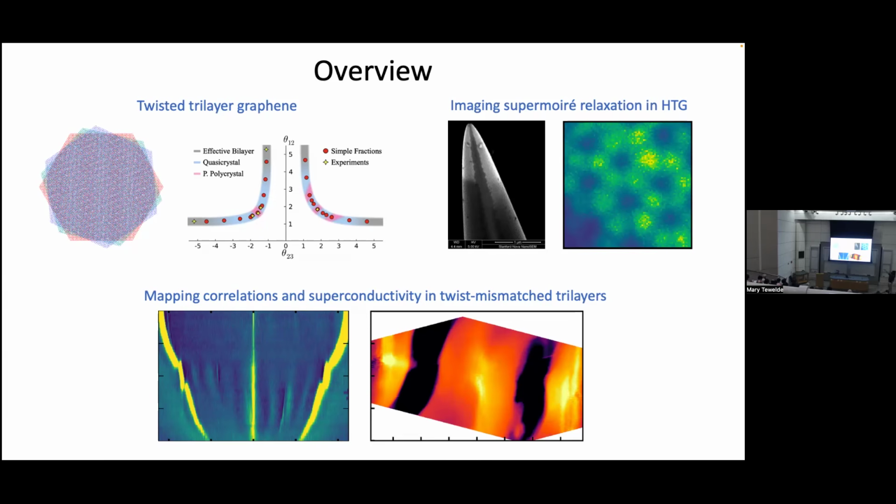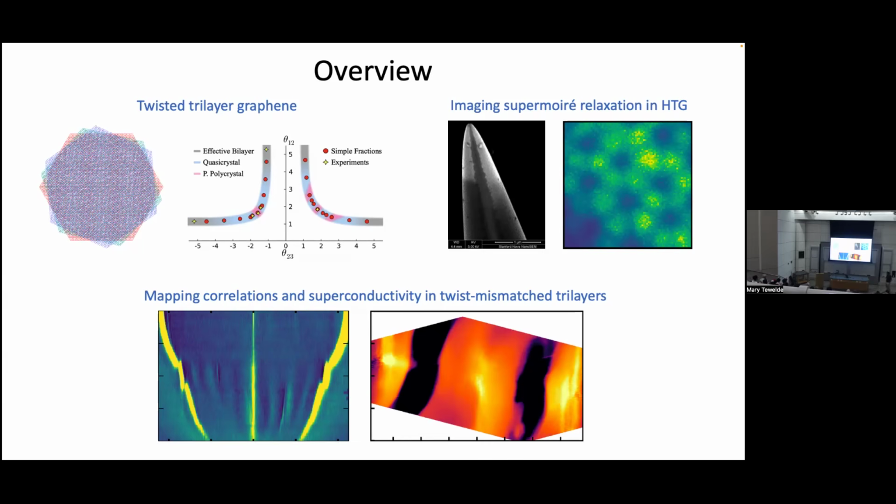And so there, we use, again, the single electron transistor tip. I'll describe how that works to actually image this, what I'll call helical trilayer graphene, because the angles are rotated in the same direction. And you can see that there are modulations as a function of real space position in the signal that we measure, that is, in the electronic properties of the system.